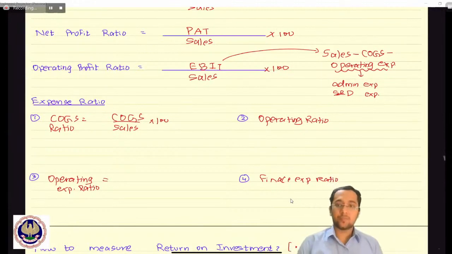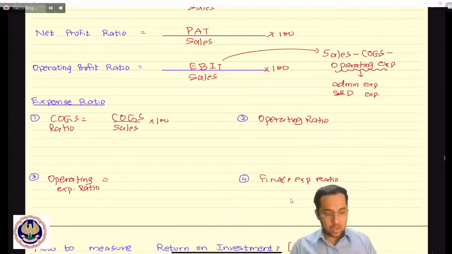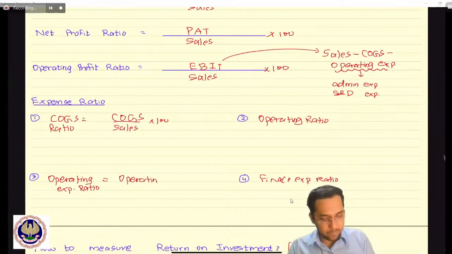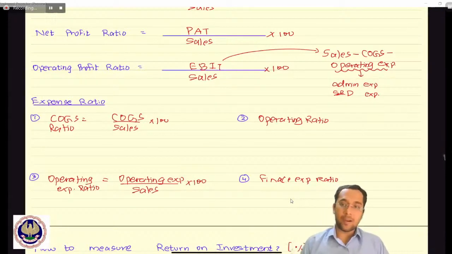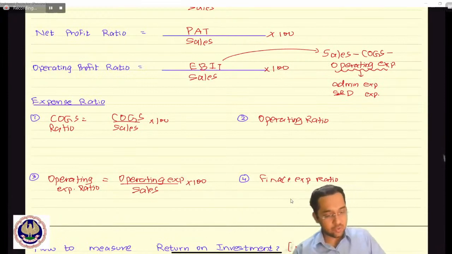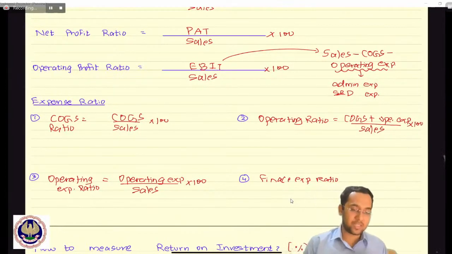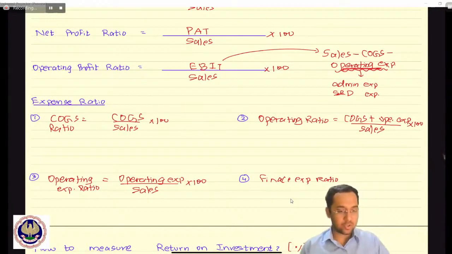Operating expense ratio. It is simply going to be your operating expenses upon sales into 100. Operating ratio is COGS plus your operating expense upon sales into 100. Now, operating expenses, as I told you, include admin and selling.